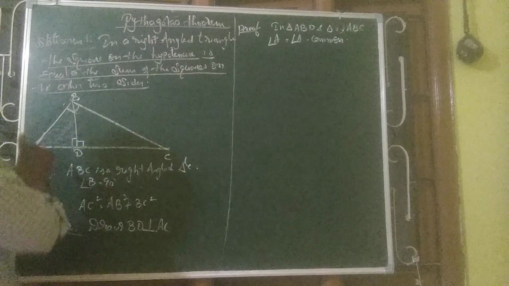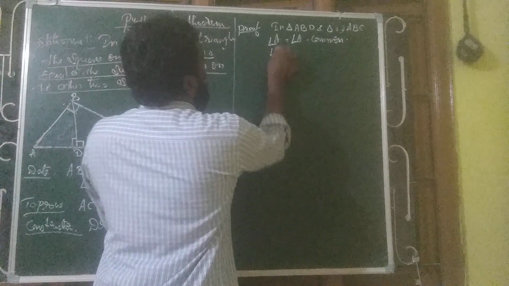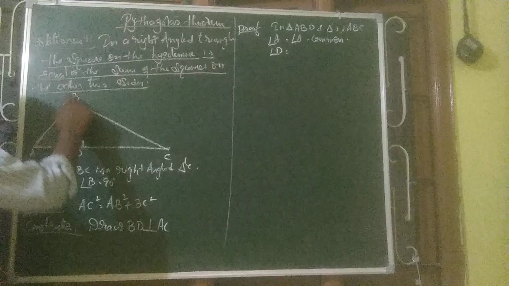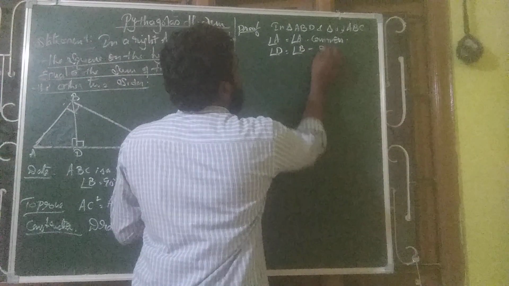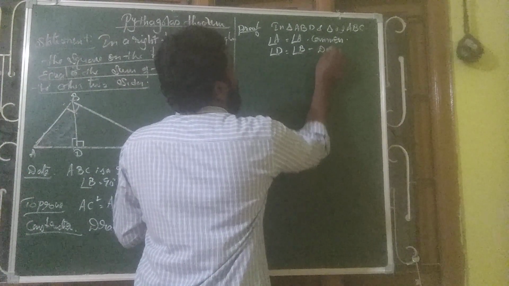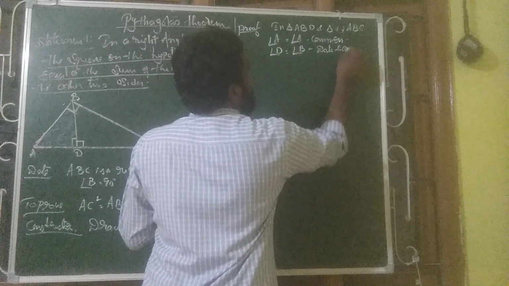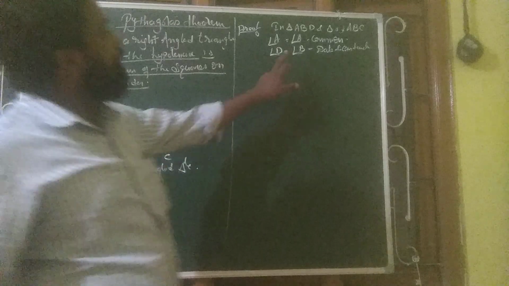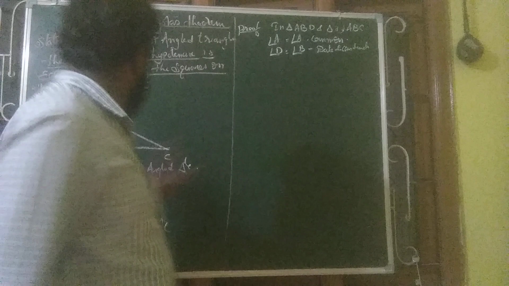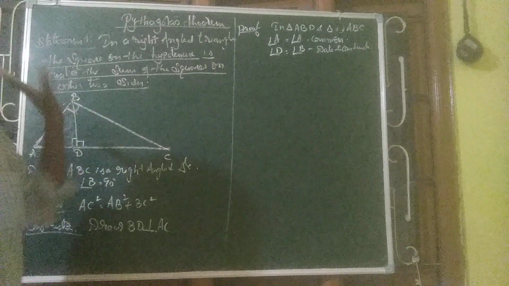Second thing: in ABD, angle D is 90 degrees, which is equal to angle B in ABC, which is 90 degrees. We can write the reason as data and construction. Data, because angle B is 90 degrees is given in the data here. And construction, because angle D is 90 degrees we got through the construction.